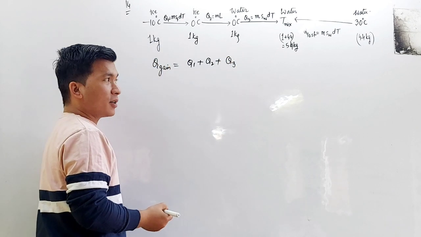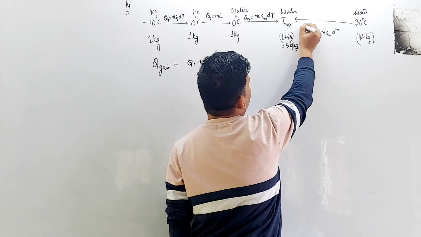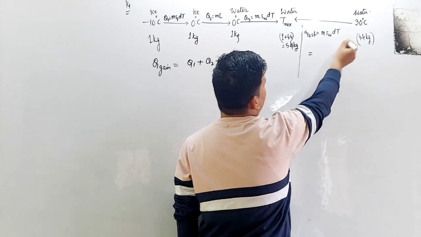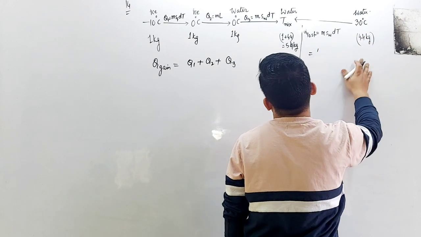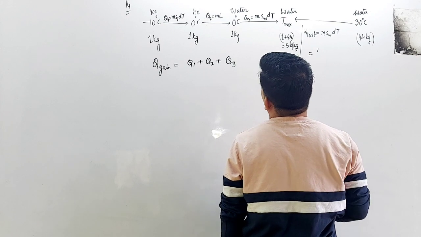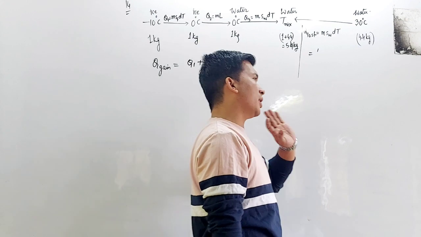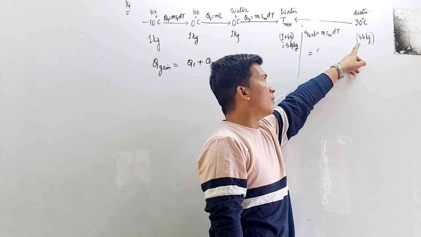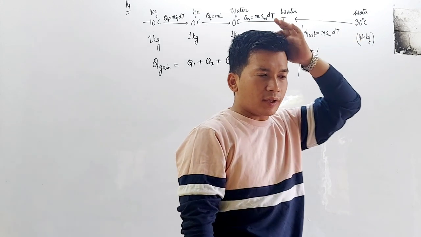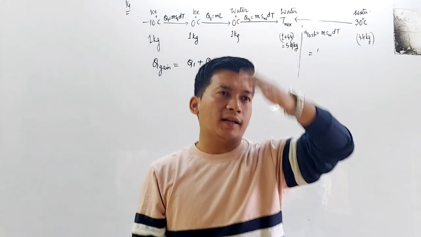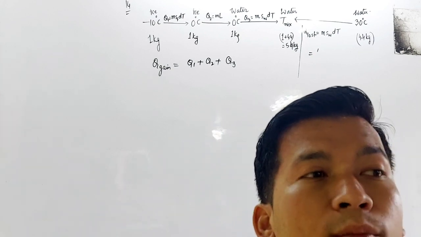Then we have this one. Now my value, the Q loss, mass of the water, this is 4.4 into, if we consider the mass in your standard unit, what must be the specific heat, 4200.